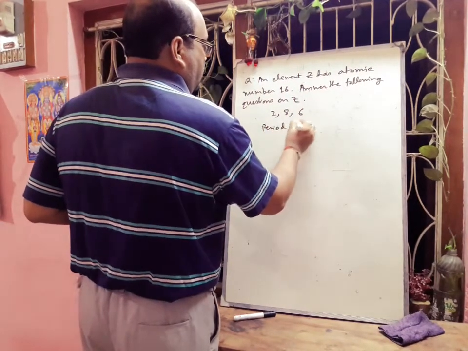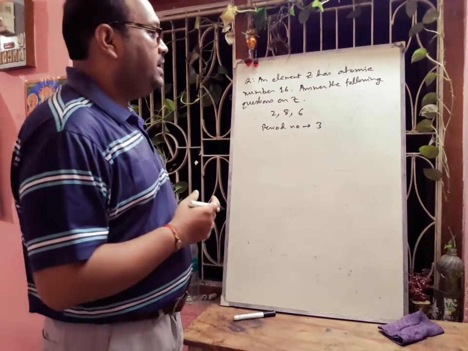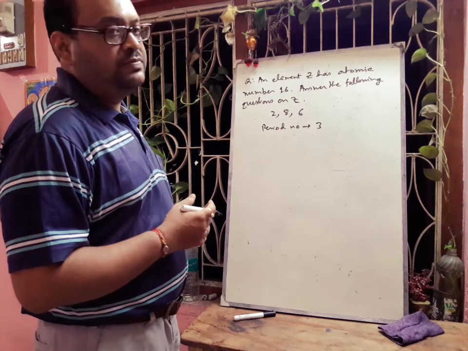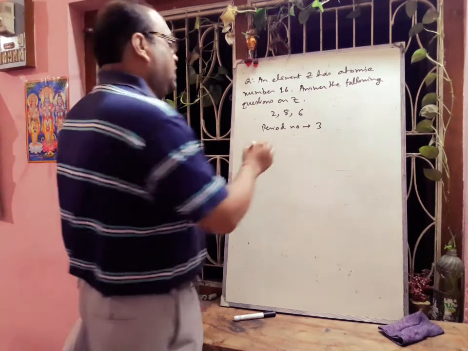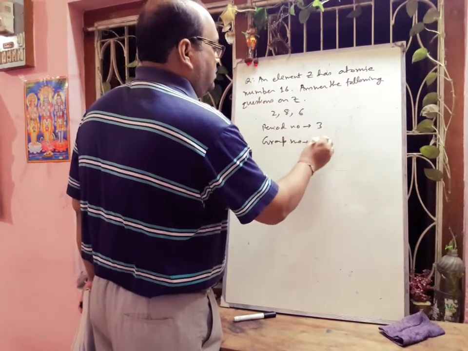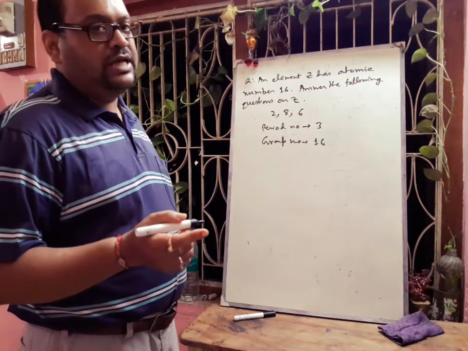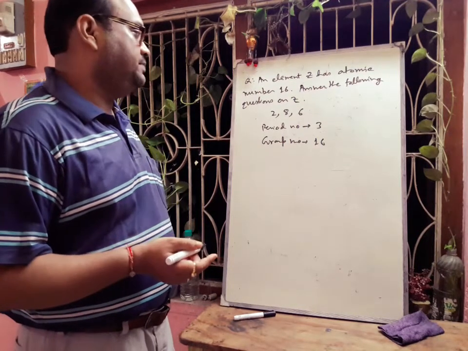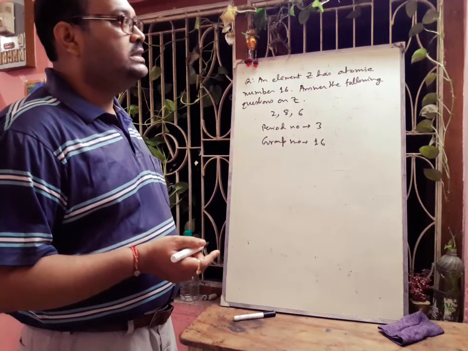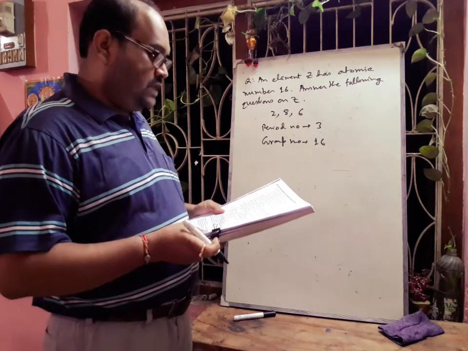And the group number will be group 6A or 16, that is the group of oxygen, sulfur, selenium, like this. So from here we can easily get the answer to this question.